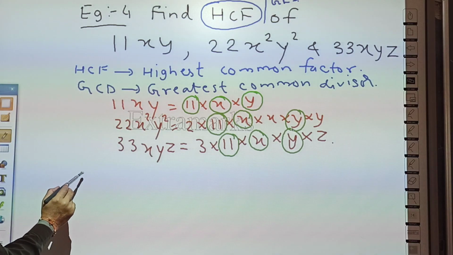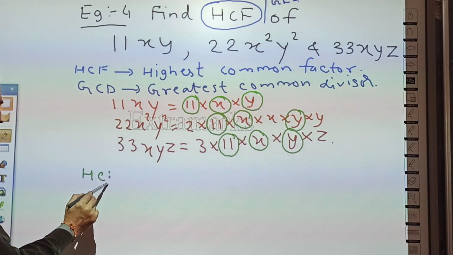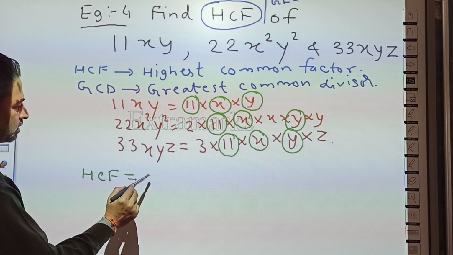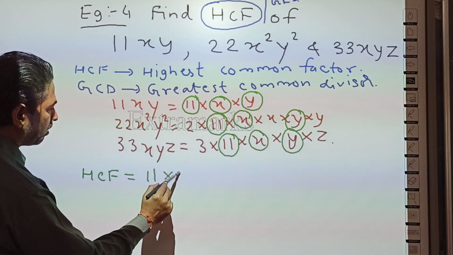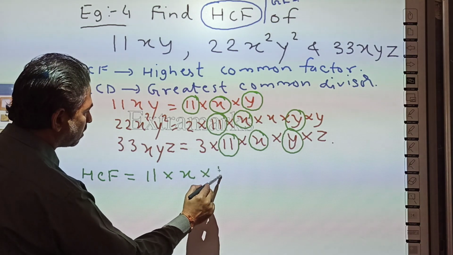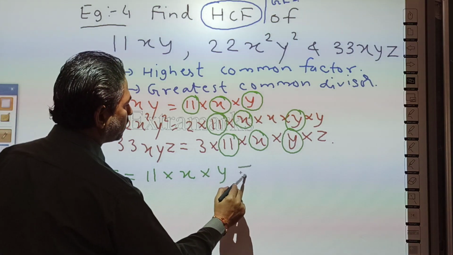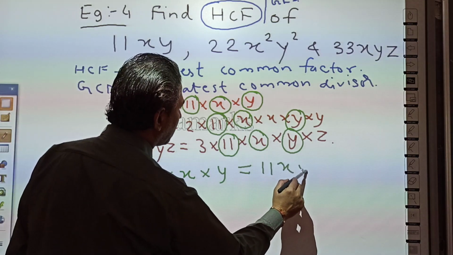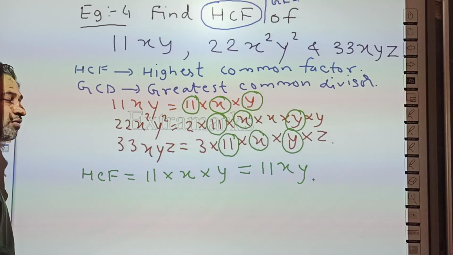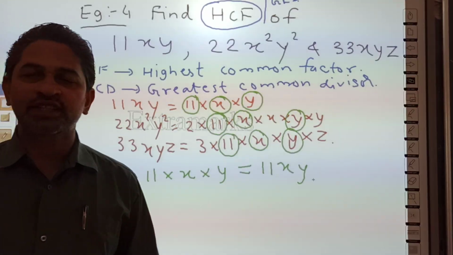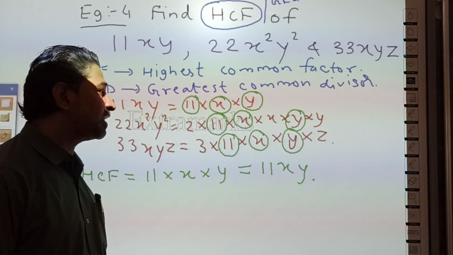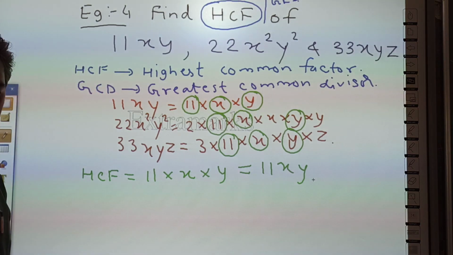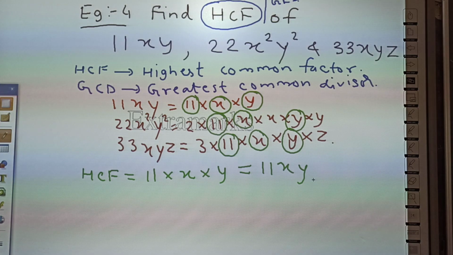So the HCF is 11 into x into y, which is equal to 11xy. The common factors are 11, x and y, and the HCF is 11xy. Okay, students?